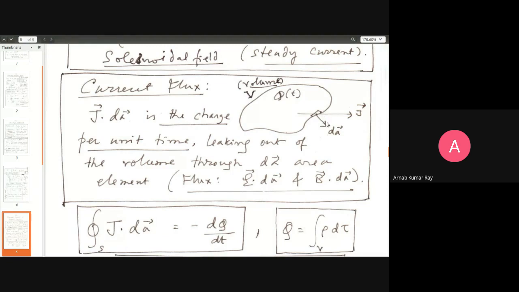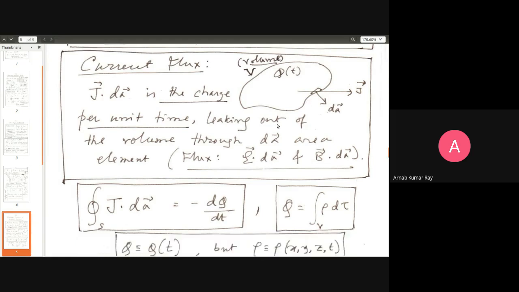So that is basically the current flux through this area element dA. Just like you have electric flux E dot dA or magnetic flux B dot dA, here you're talking about current flux J dot dA.